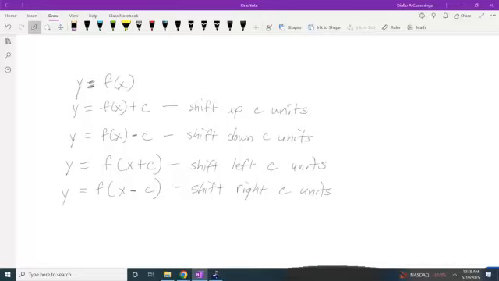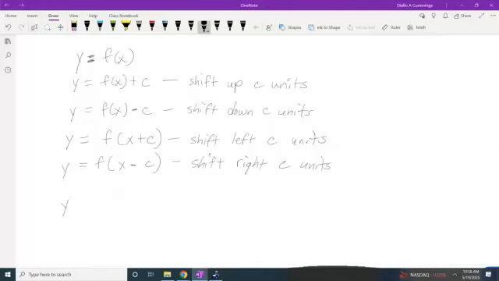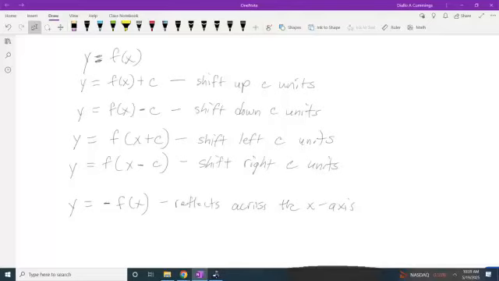And here's one that wasn't on the previous notes. Y is equal to negative f of x. That reflects across the x-axis. So here are all of the shifts or transformations that are used in this section.